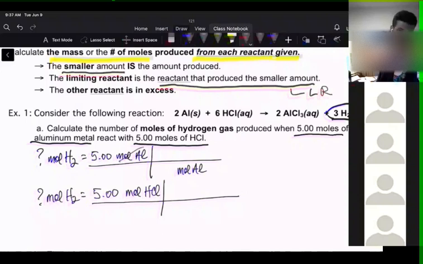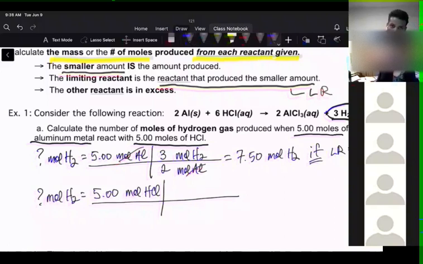Right, I need to cancel out one unit and go to the other, changing the label. Then I'm going to fill in the numbers that make that true. We'll do that for both calculations. Now notice here I have to divide by moles of HCl in order to cancel that out, but I'm going to go to the same product.